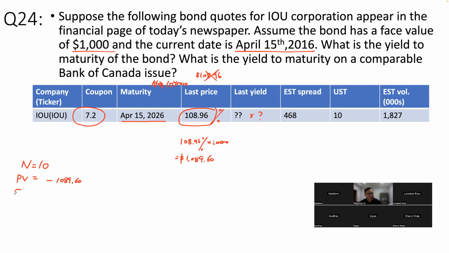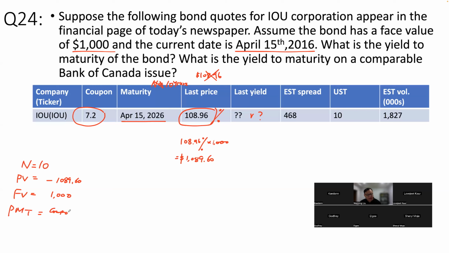Okay, future value. What is this? $1,000, good. And that's positive, right? That's from the bond issuer to the investor. What's the payment? So that's the coupon payment.